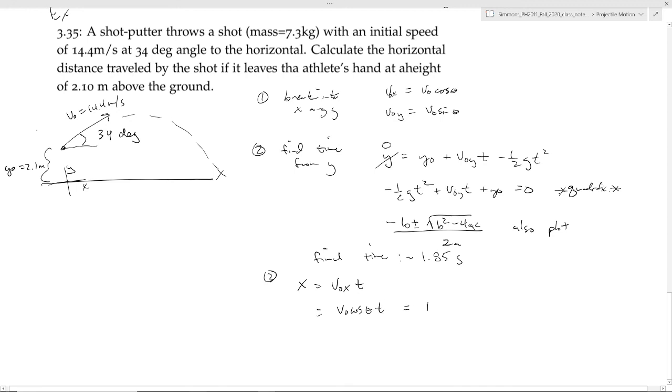Let me just write this out with numbers here. You'd find that you get about 22 meters.